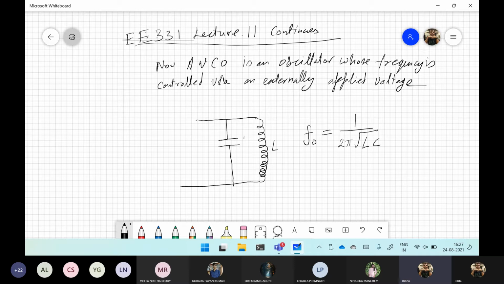This is the inductor with L Henry, and this is the capacitor with the capacitance of C farad. Fine. Any problems with this? You have studied this oscillator?